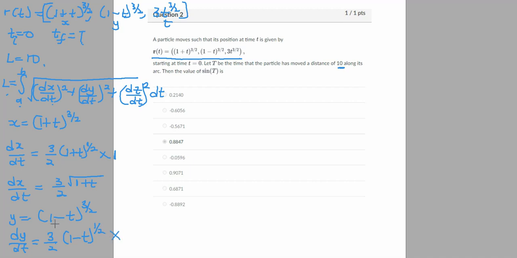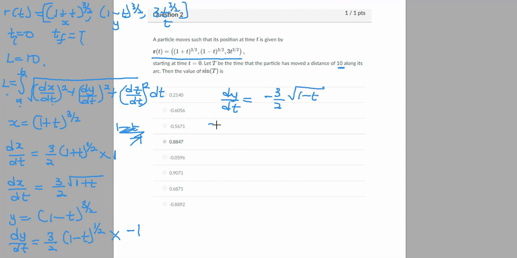Now, times the differential of 1 minus t, which is minus 1. So multiply by minus 1. That means our dy/dt is equal to minus 3 over 2 square root of 1 minus t.